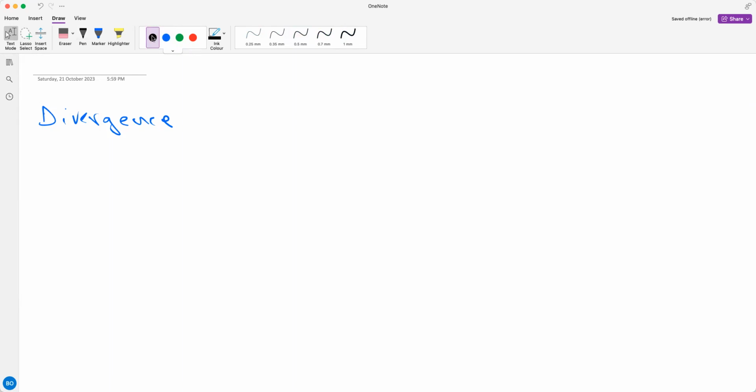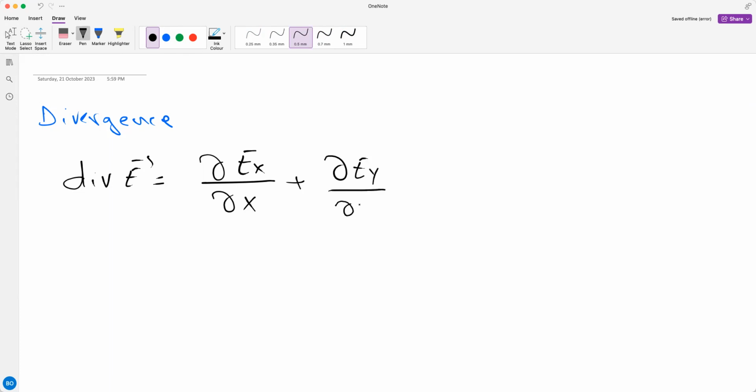The divergence of a vector E, let's say the electric field, is equal to the partial derivative of the x component of the electric field, plus the partial derivative of the y component, plus the partial derivative of the z component.